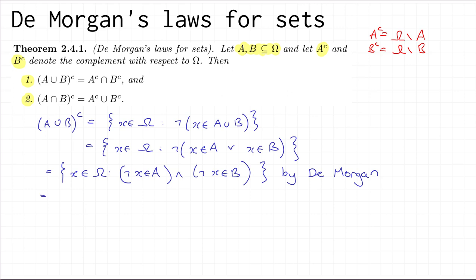I have an AND statement. So by the definition of intersection, this is the intersection of the set of all things in omega such that it's not the case that x is in A, and the set of all things in omega such that it's not the case that x is in B. So this is just using the definition of intersection.